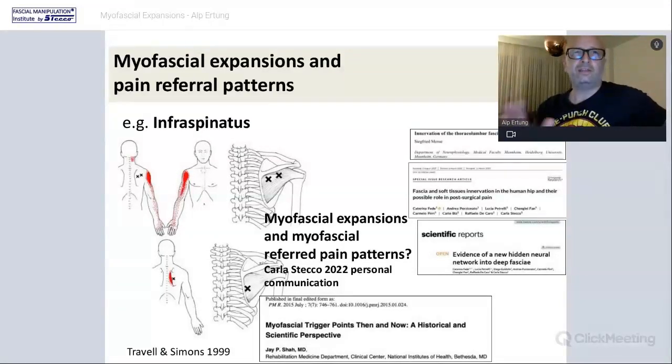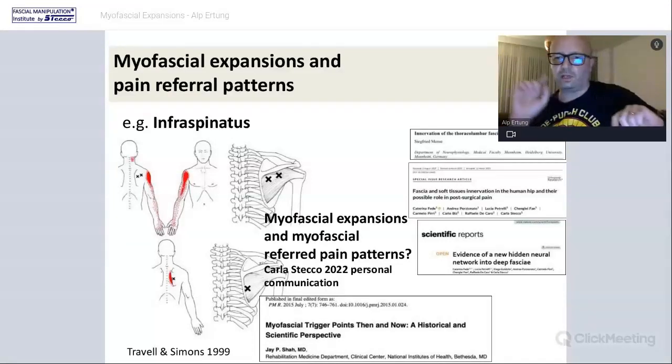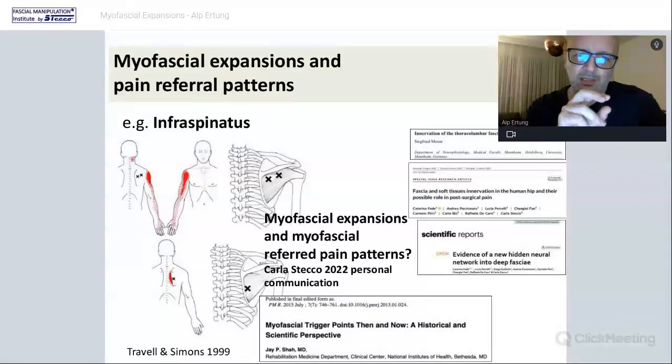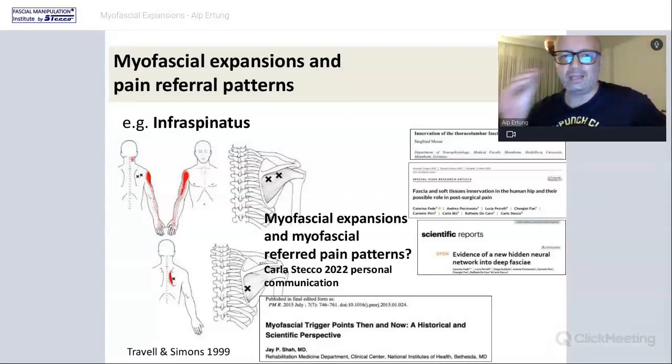And at the beginning of the 1950s, in three different countries, some researchers did really nice studies without knowing each other. They wanted to know the relationship between specific muscles, and fascial structures, but mostly muscles, and related pain patterns.